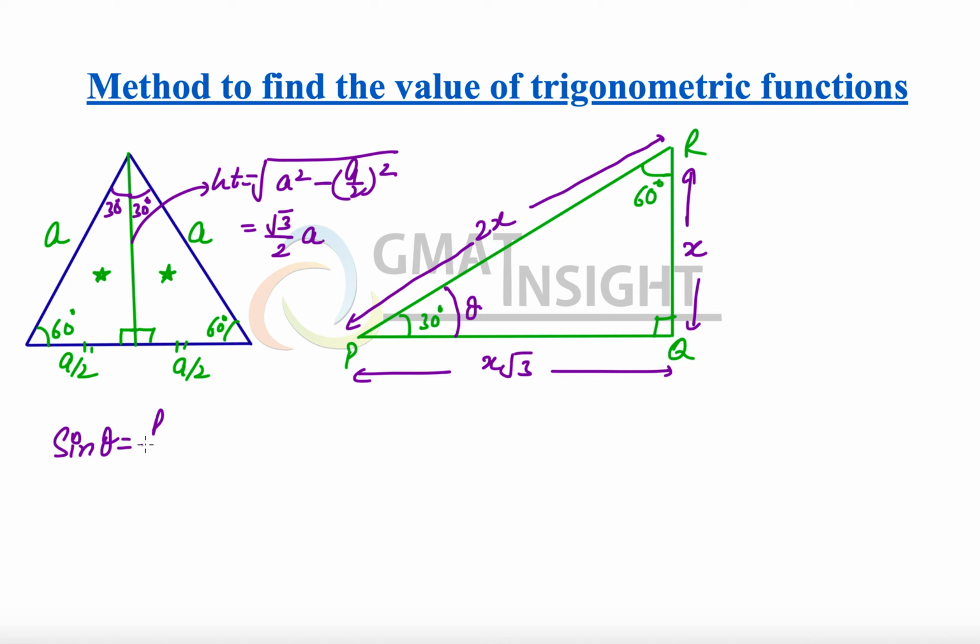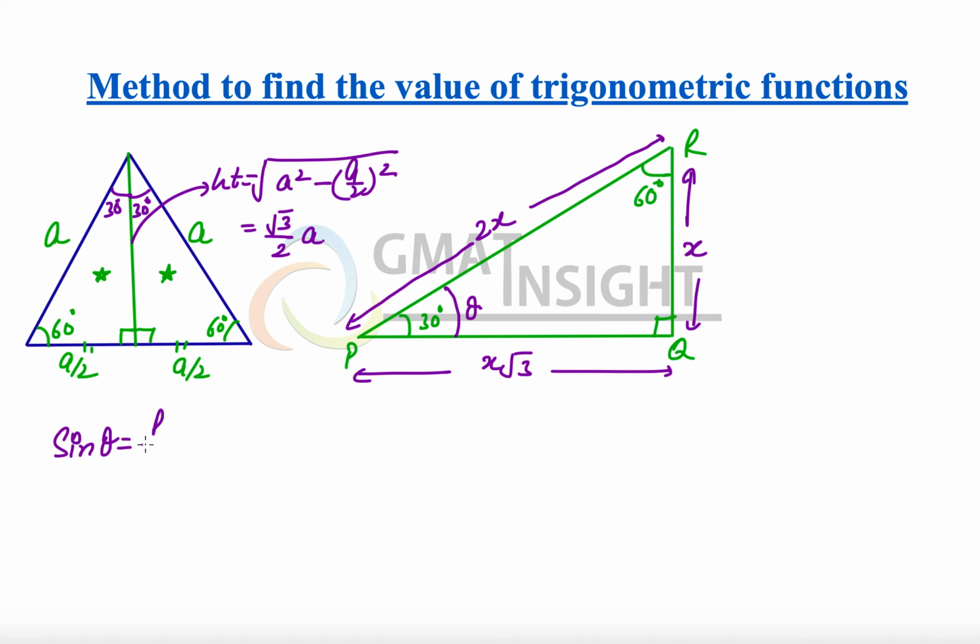If we consider this angle as theta, then this side is the opposite or perpendicular, and x√3 becomes the base, or adjacent. The opposite is x, the hypotenuse is 2x, so the ratio becomes 1 over 2, which means sine 30 degrees is equal to 1 over 2.